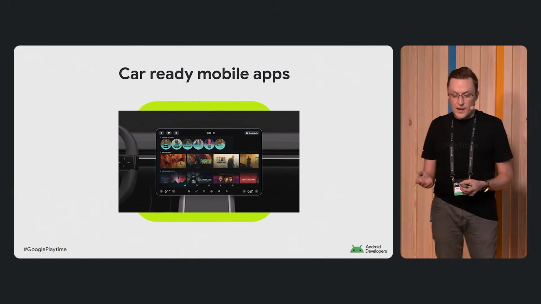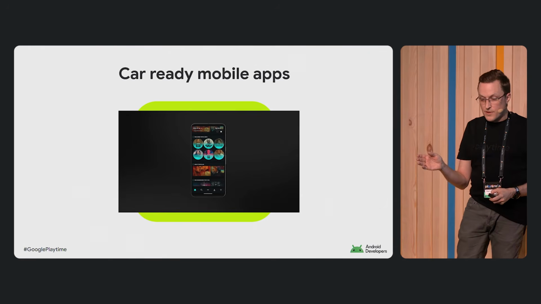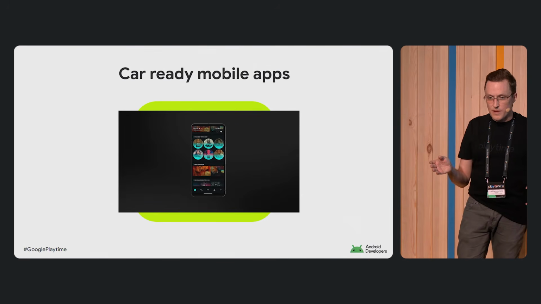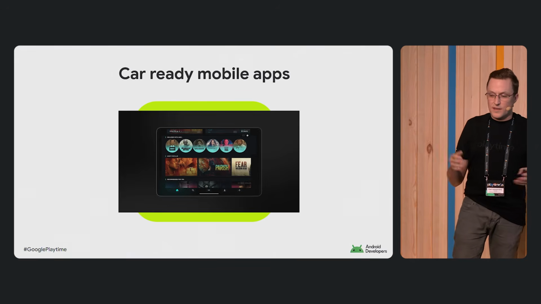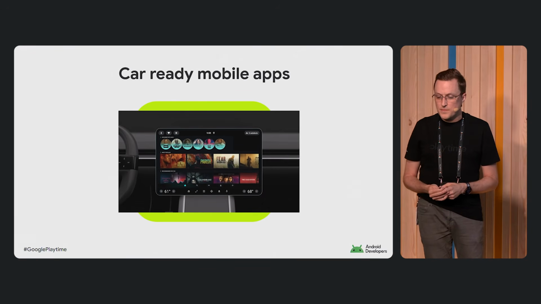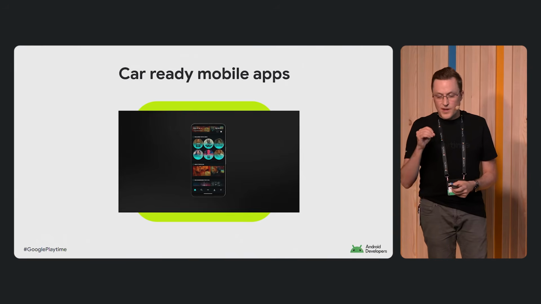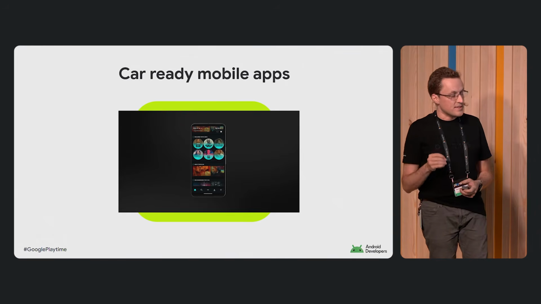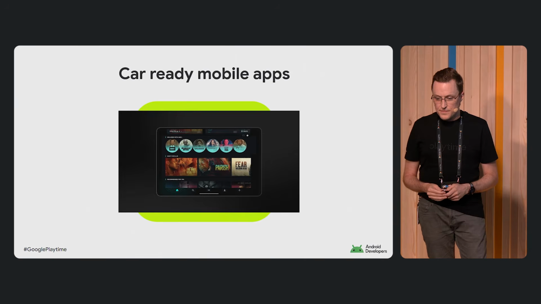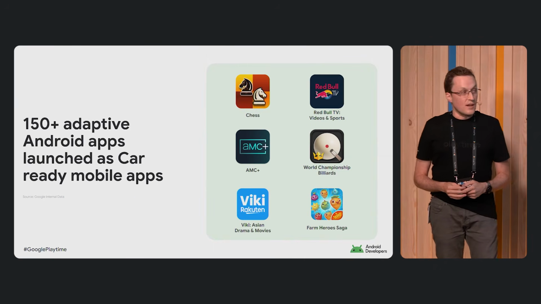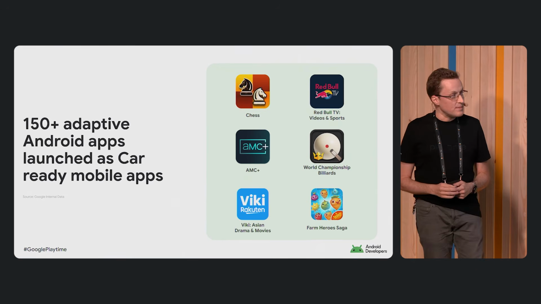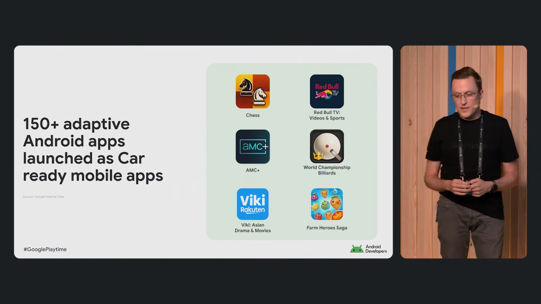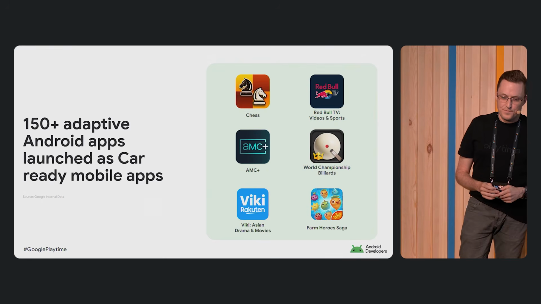So you can build your app in Compose in all the ways that you know and love, building a beautiful adaptive application according to all the best practices that we've heard today and in the various conferences that we've seen over the years. And with that adaptive application, it will simply work inside the supported vehicles. And we've already launched over 150 adaptive apps as part of this program, including games, browsers, and streaming video services.